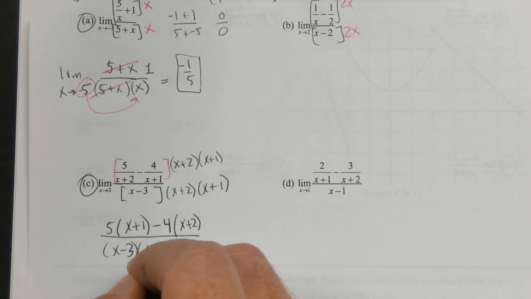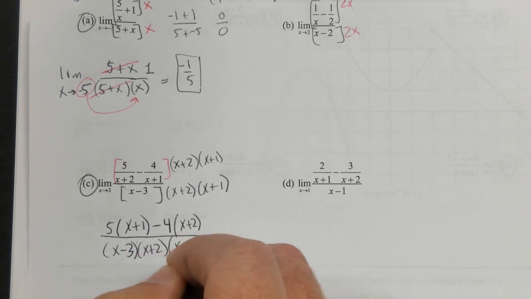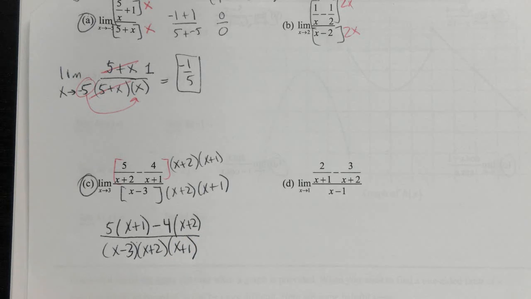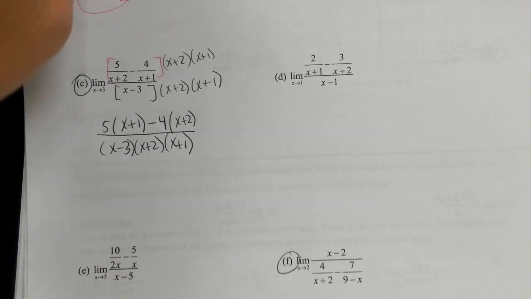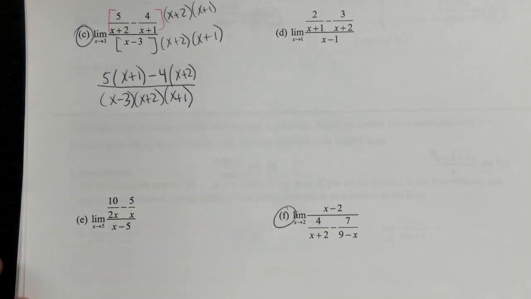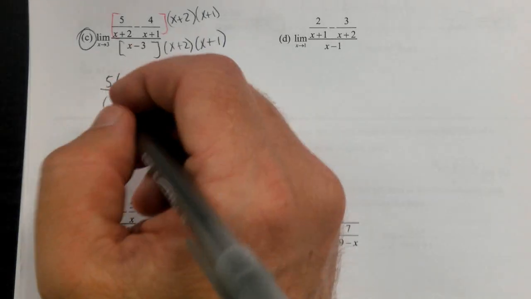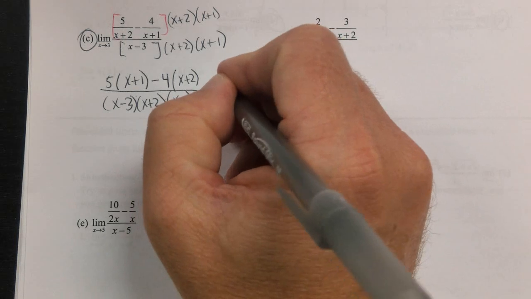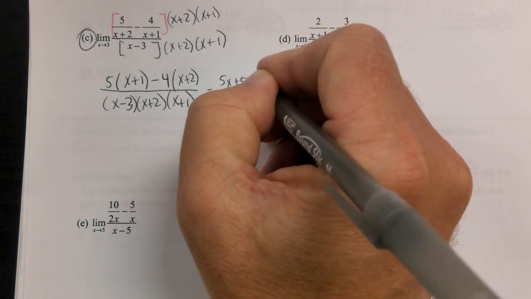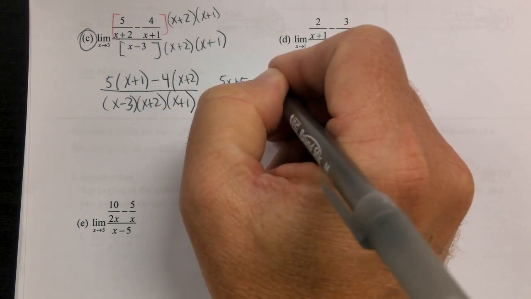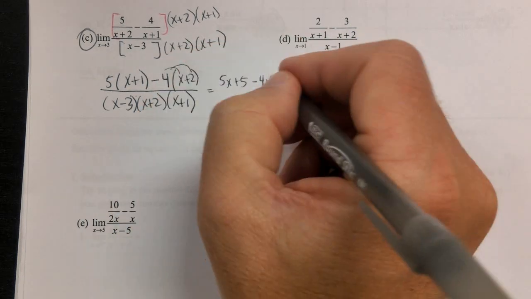And then all that stuff in the bottom. Again, I'm not multiplying that out because I'm expecting something to cancel out of that denominator. So I need to clear up the top and hope that something cancels. So 5x plus 5 minus 4x minus 8.